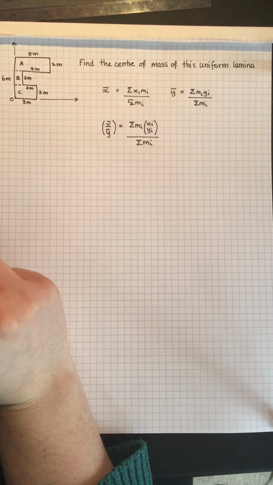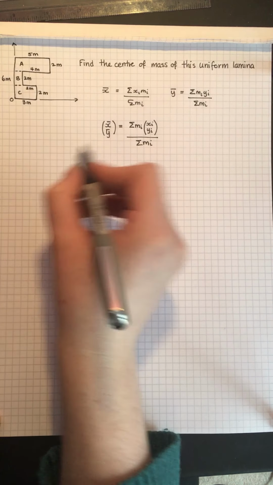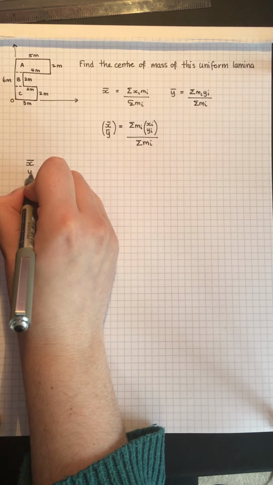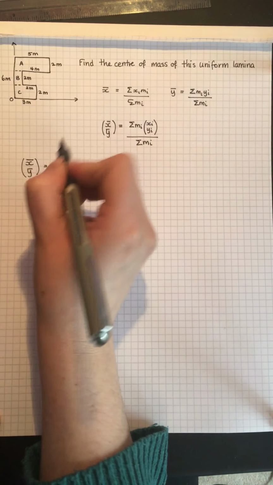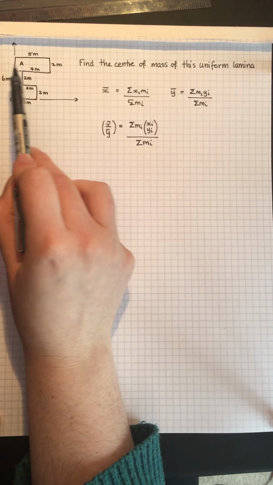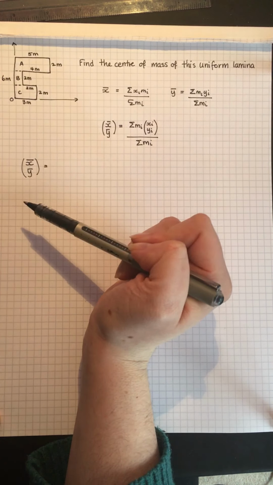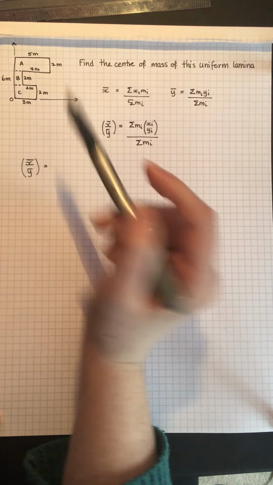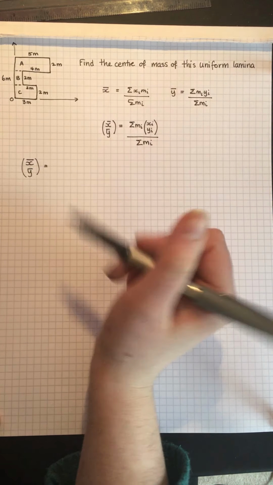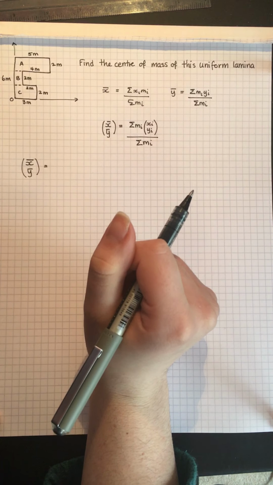So let's go alphabetical order. For A, the area is 5 by 2, so the mass of that object is going to be 10.